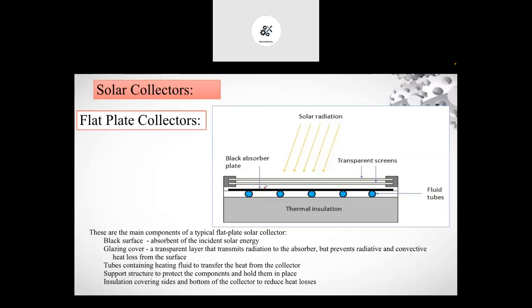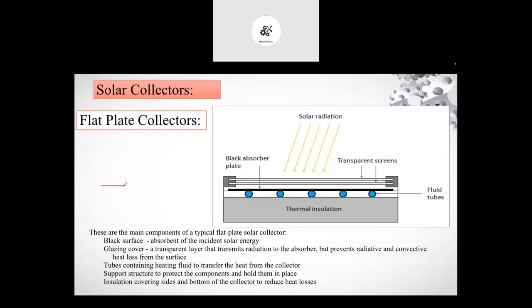Then we can use PV cells to convert that radiation energy into electricity, etc. So one application is the solar collector, and in most applications we use flat plate collectors and concentrating solar collectors to absorb the solar radiation.